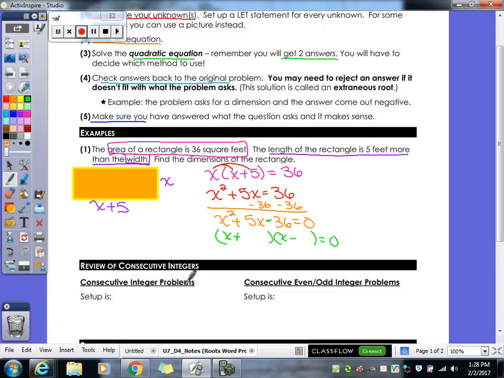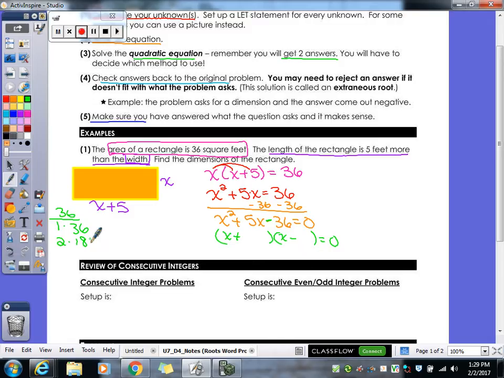And then we're looking for numbers that multiply to give us 36, but combine to give us a 5 in the middle. So let's think about it. What multiplies to give us 36? We have 1 times 36, 2 times 18. Remember that little trick I showed you to make your list?